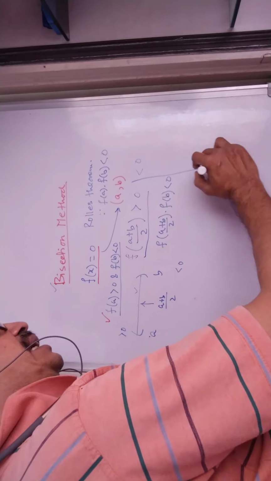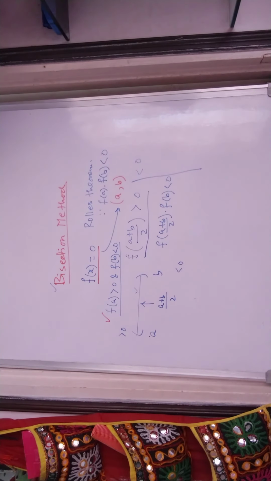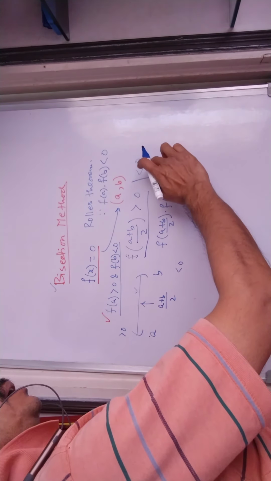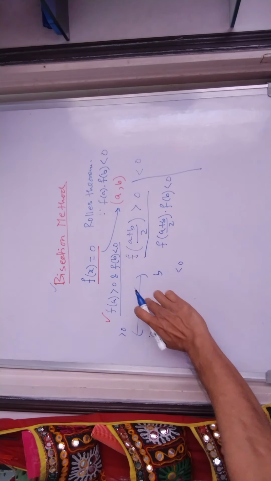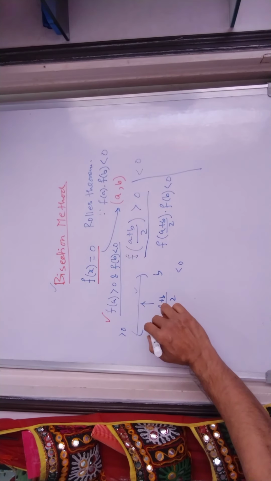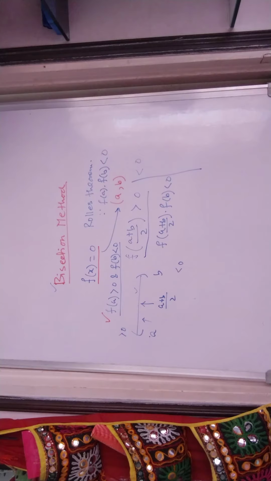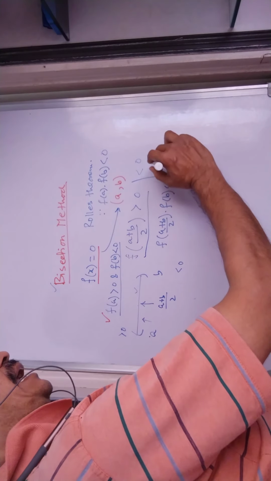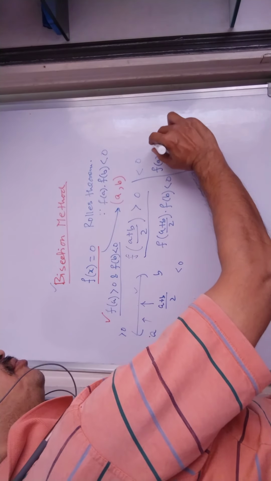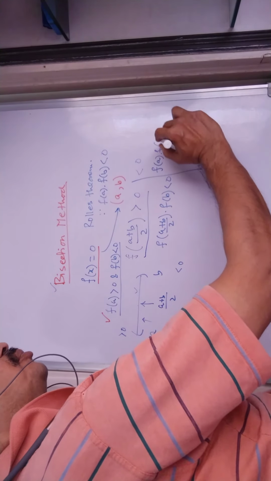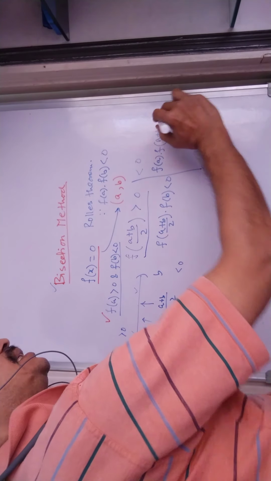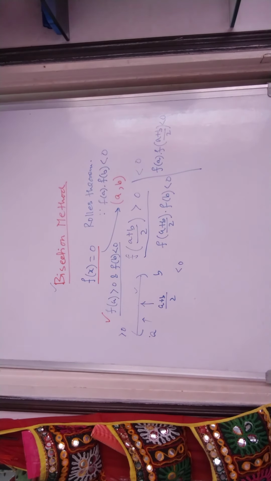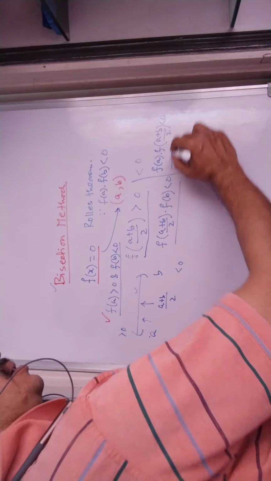On the contrary, if f((a+b)/2) is negative, then the root would have lied within this portion only. That is, if f((a+b)/2) is negative, we would have f(a) into f((a+b)/2), the product of them, is negative, isn't it so? So we should check this only.